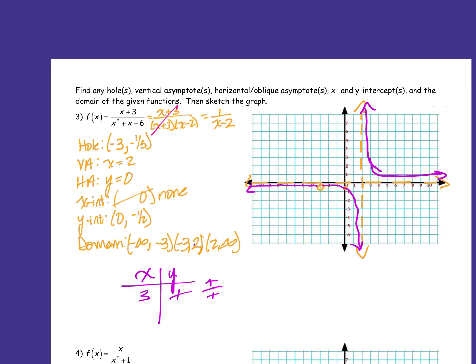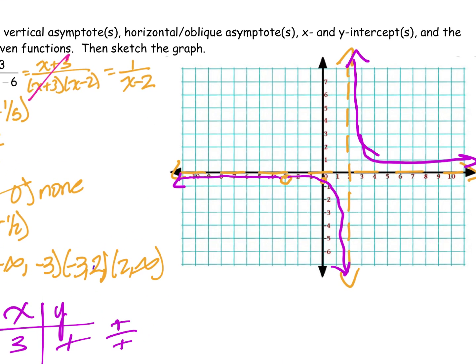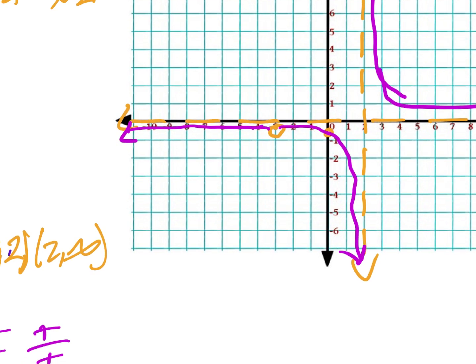And honestly, to draw the hole, you just go to the hole, stop, pick up on the other side, and that's how you draw a hole in your graph. Graphing calculators do not do that. They don't put holes in your graphs. So if you have a hole in your graph and you go off your graphing calculator and don't put it on there, it will be wrong. So you need to make sure you calculate that and be careful with your asymptotes.